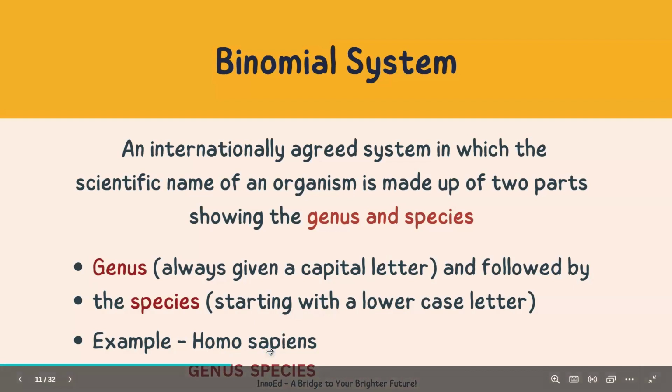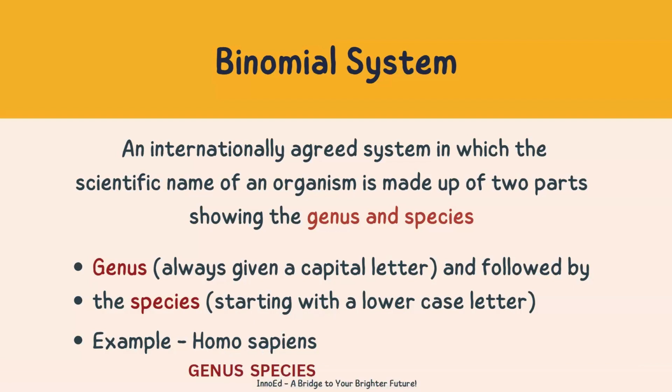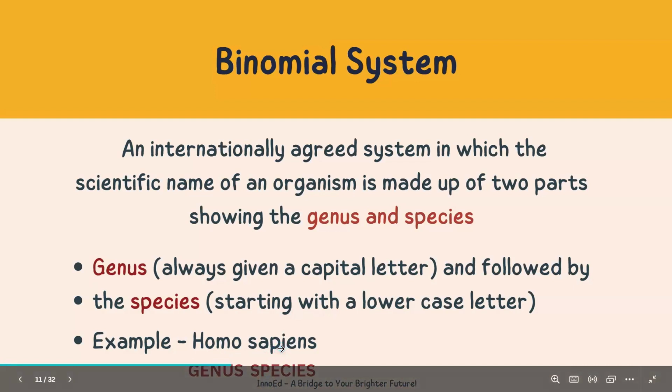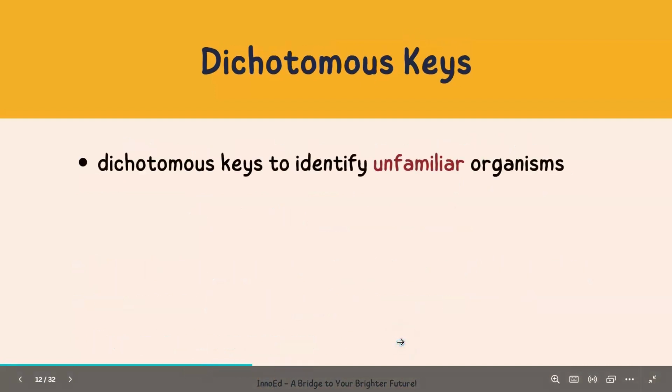The second word, sapiens, is the species. How do we know it is species? If it is the second word of the scientific name and if all the letters in it are written in small letters, it is species. So let's move on to the next part.